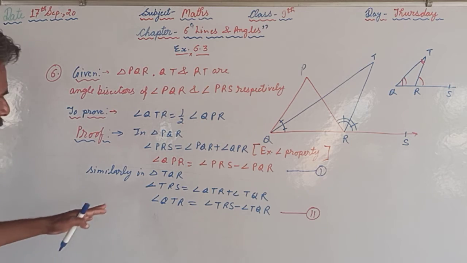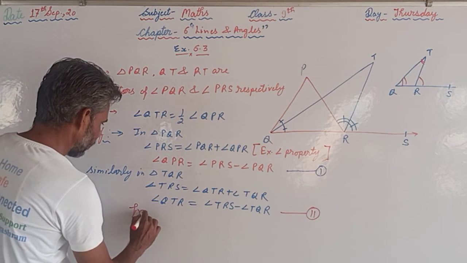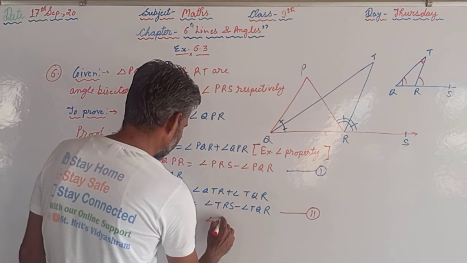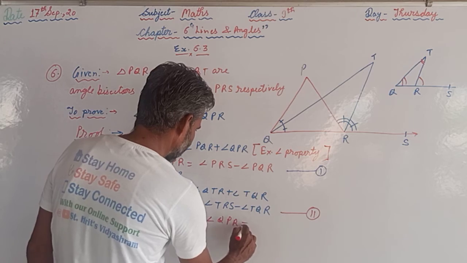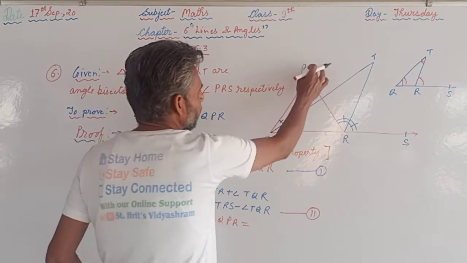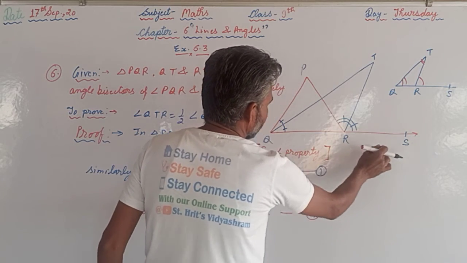So now from equation 1 we have angle QPR is equal to angle PRS minus angle PQR.